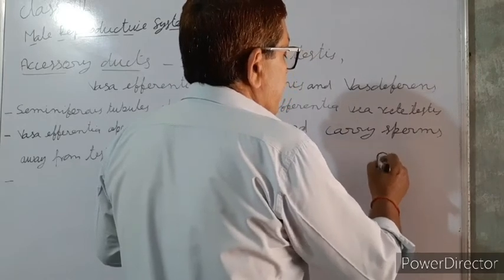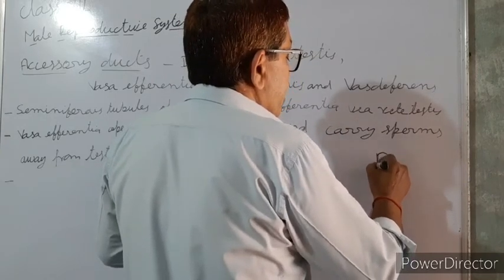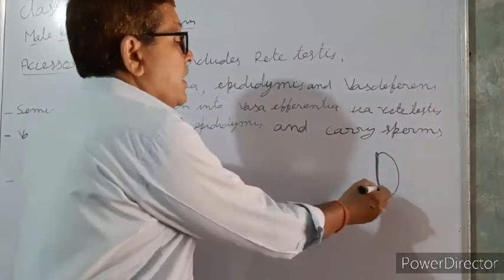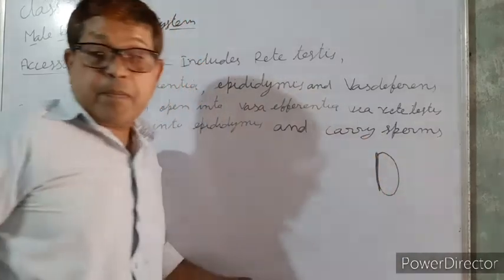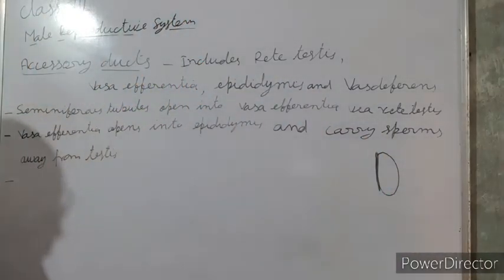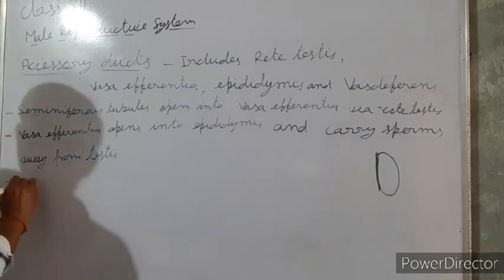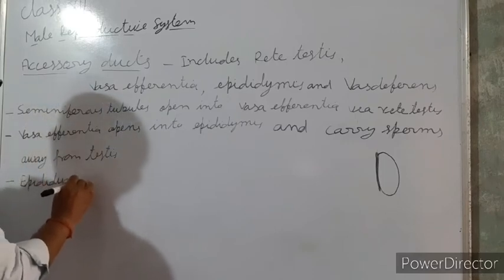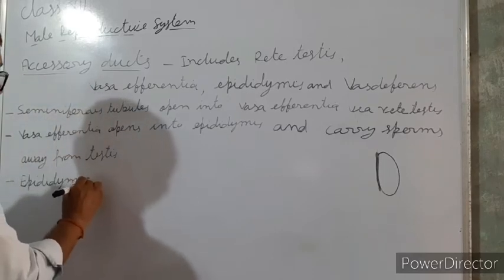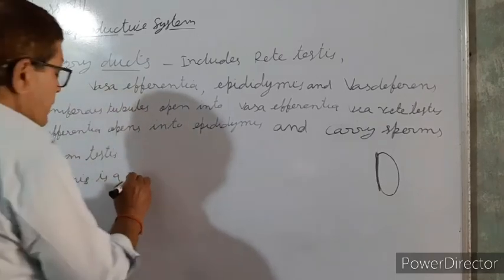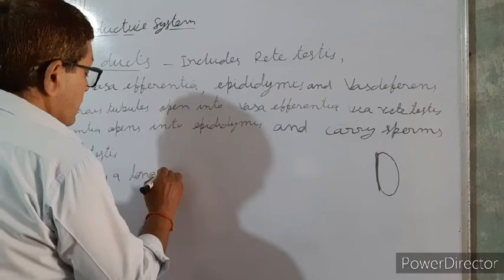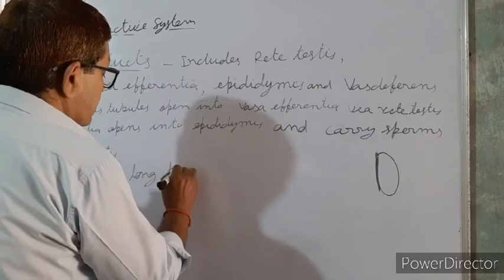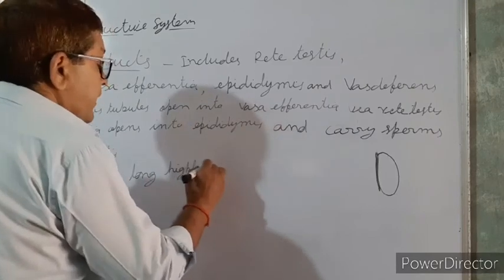Suppose this is the testis, and on this side the epididymis is found, attached, and this brings the sperm. The epididymis is a long, highly coiled tubule.